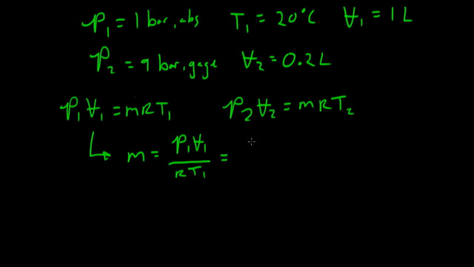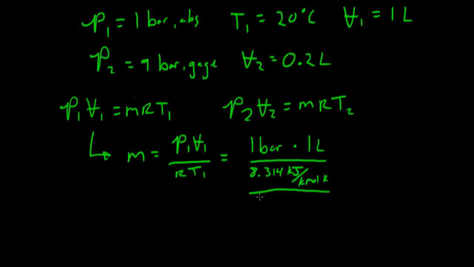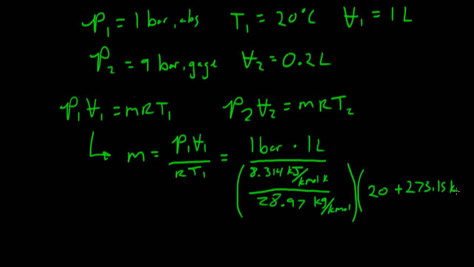Substituting our values, this is 1 bar times 1 liter divided by the specific gas constant, which is 8.314 kilojoules per kmol Kelvin, divided by the molecular weight of air, which is 28.97 kilograms per kmol, all times the absolute temperature at state 1, which is 20 plus 273.15 Kelvin.